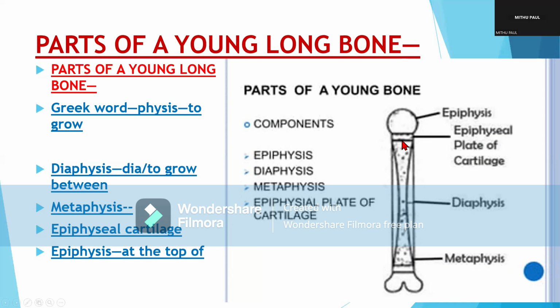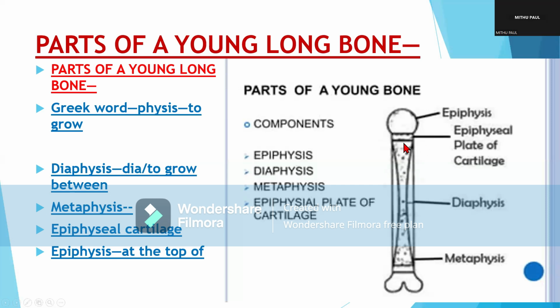So it is the part between the ends of the long bone. So this part from where the shaft of the long bone will develop is the diaphysis. At the end, these parts are the epiphyses. The part of the diaphysis nearer to the epiphysis is the metaphysis. This is the metaphysis zone.